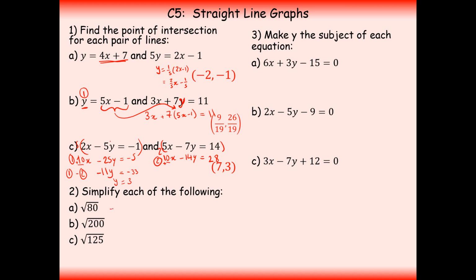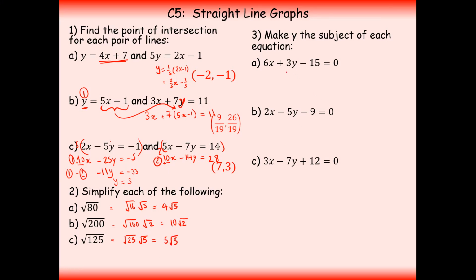So we would write this as square root 16 times square root 5, which is 4 lots of square root of 5. 200. The highest square number is 100, root 2, therefore it's 10 lots of root 2. 125. The highest square number is 25, so it's 5 lots of root 5.